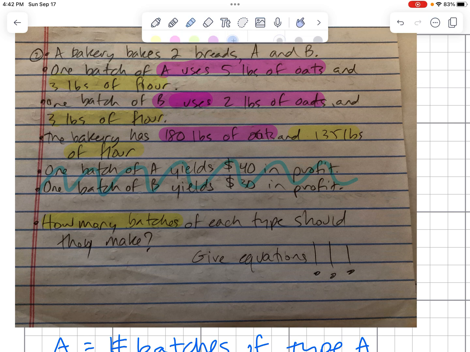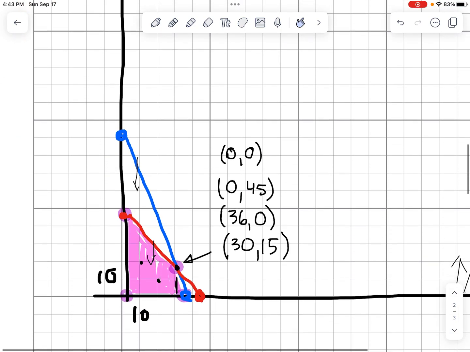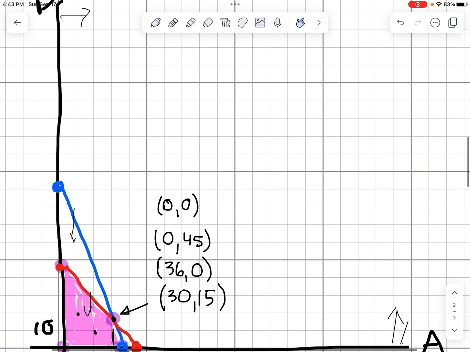And so now I'm going to go down and write an objective function. I think this is a good place to do it right here.